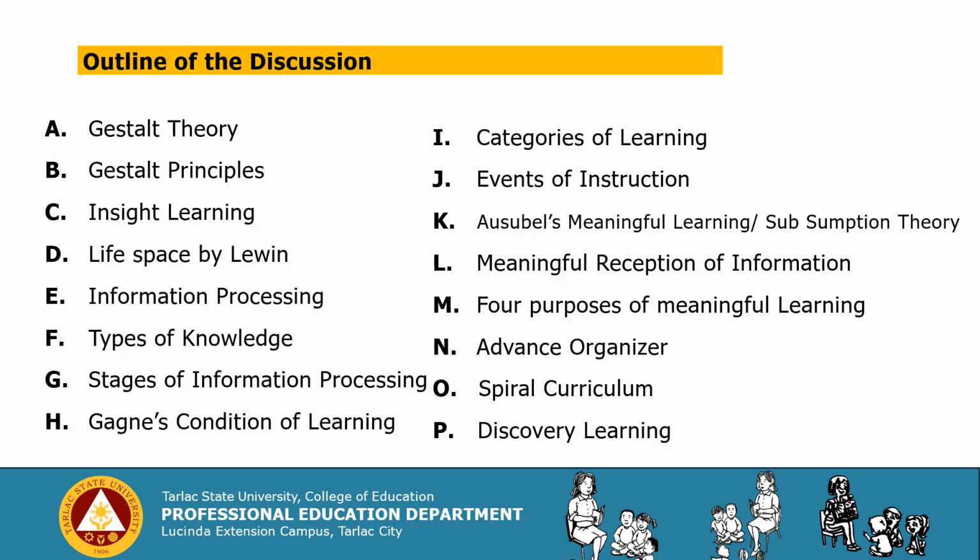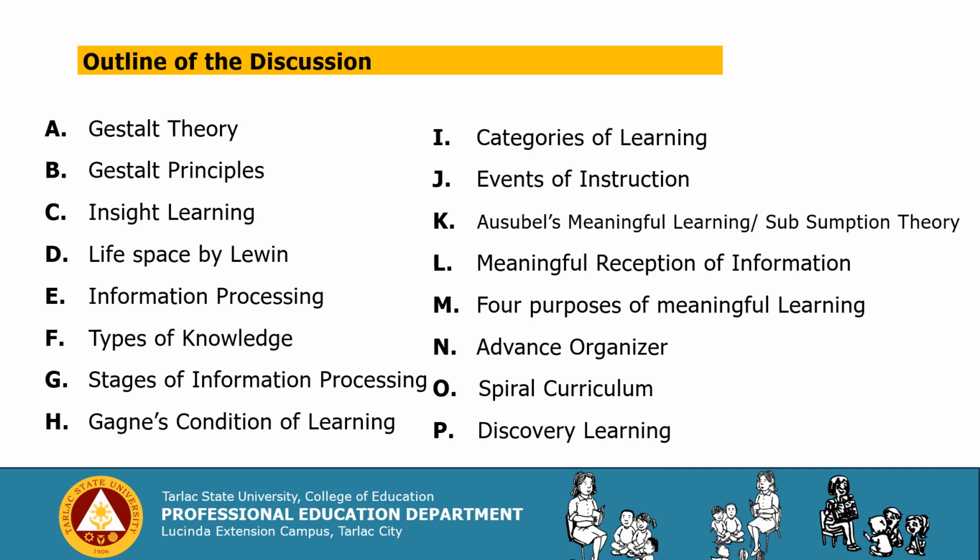Let's start with an overview of what we'll be covering in this chapter. We'll go through several key cognitive theories and concepts that play a central role in education. These include Gestalt theory and its principles, which focus on how we perceive and organize information as whole concepts.